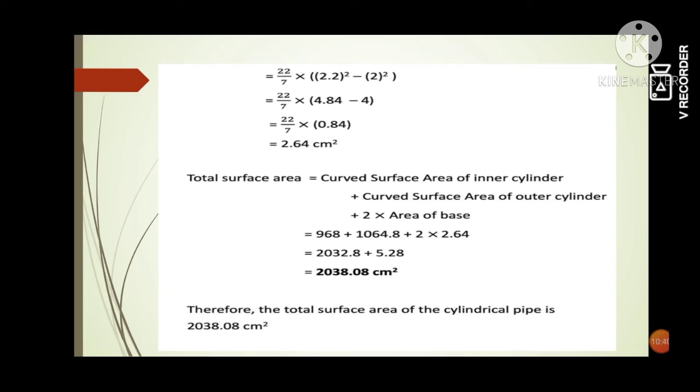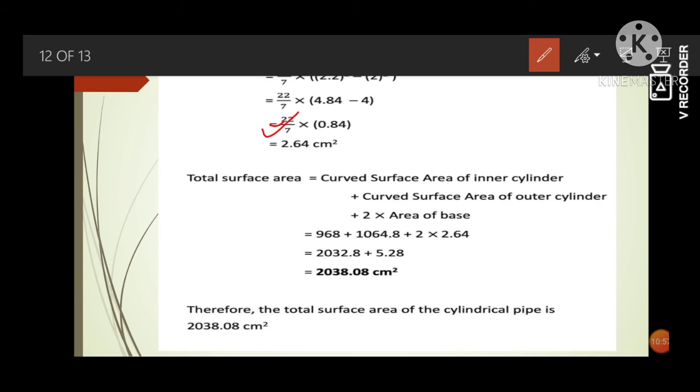Pi is 22/7, r2 is 2.2 and r1 is 2. So 2.2 whole square minus 2 square, so 4.84 minus 4. So we will get 22/7 into 0.84, which will give us 2.64 centimeters square. So this is the area of the base.